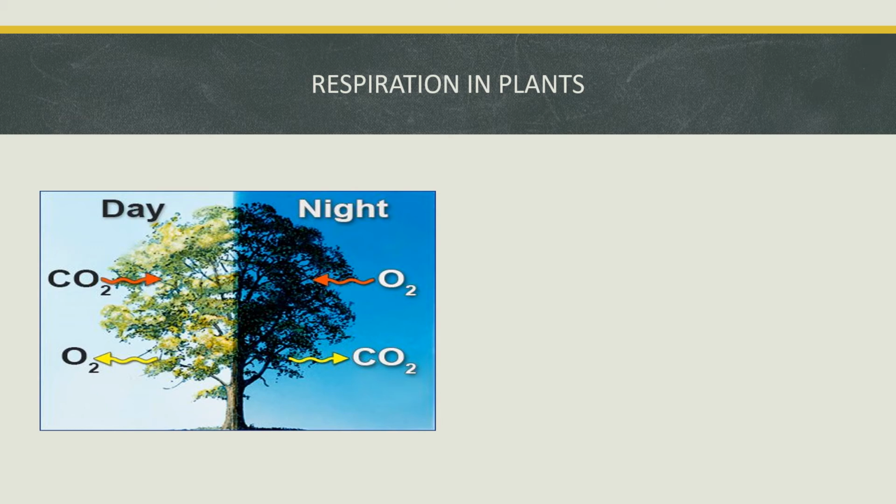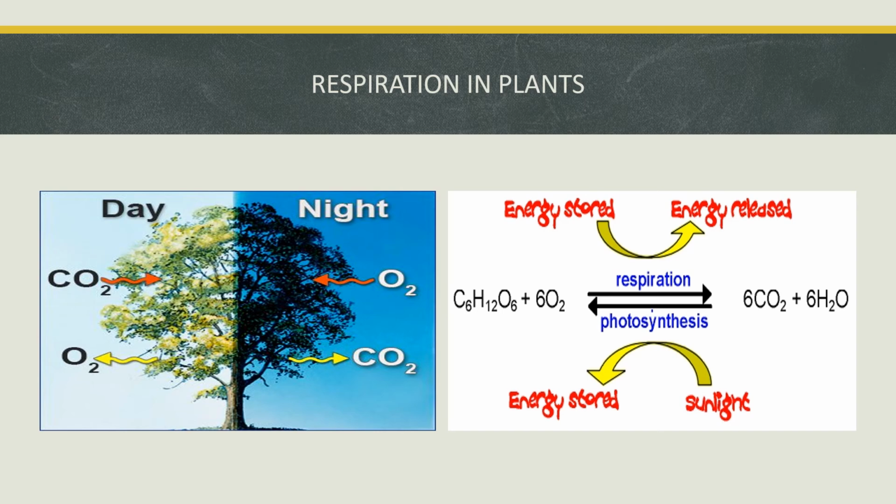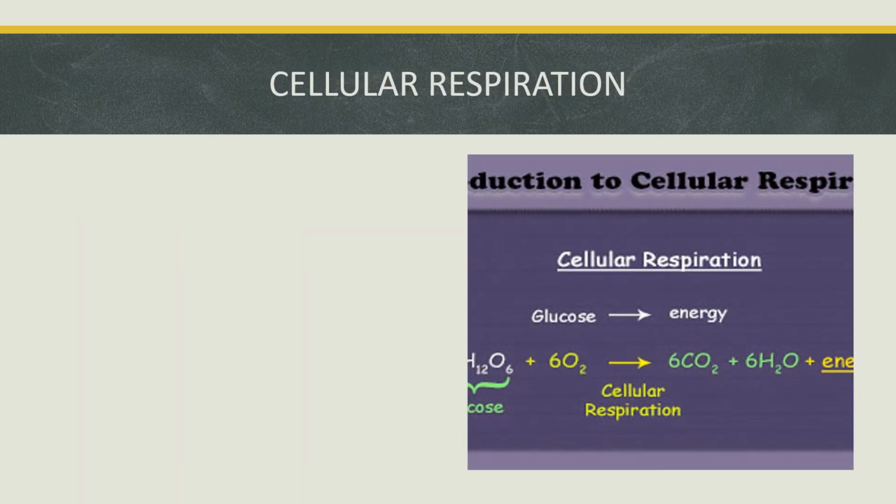Now, the oxygen which you take in reaches all the cells of the body when we breathe. In the body cells, the oxygen is combined with the absorbed food with the help of enzymes.